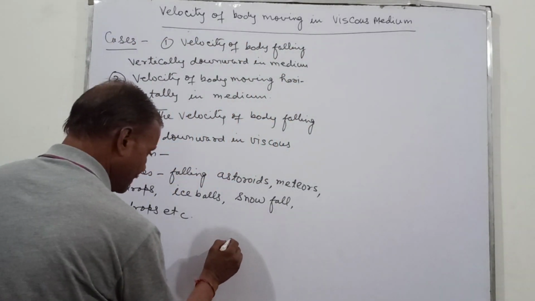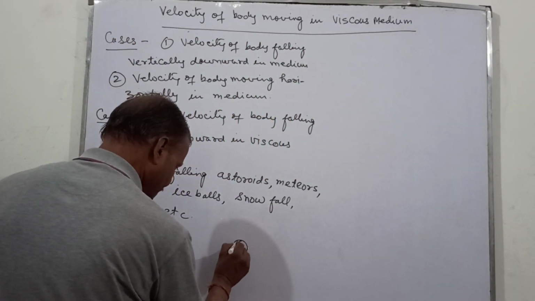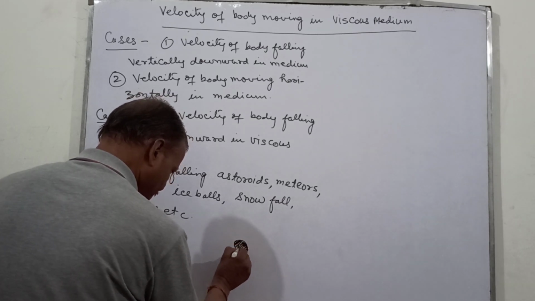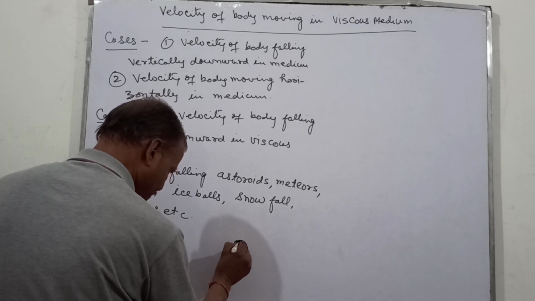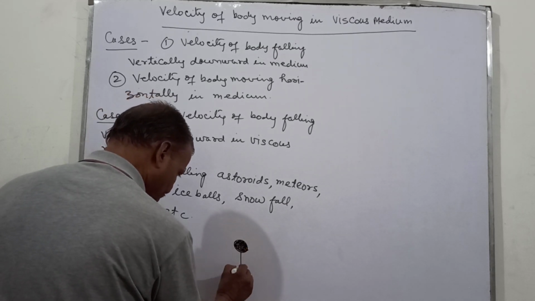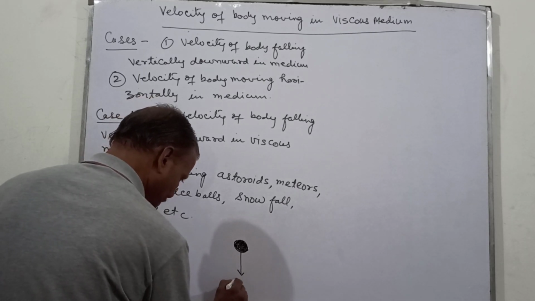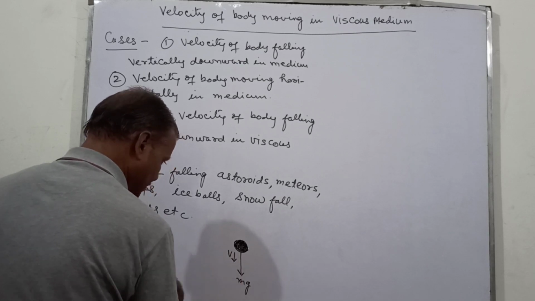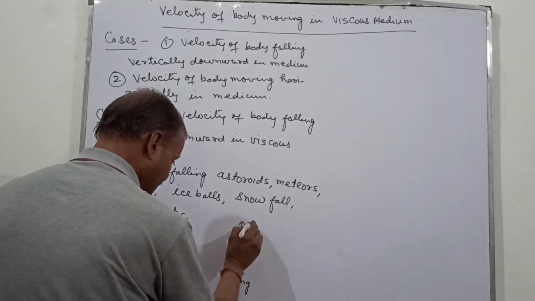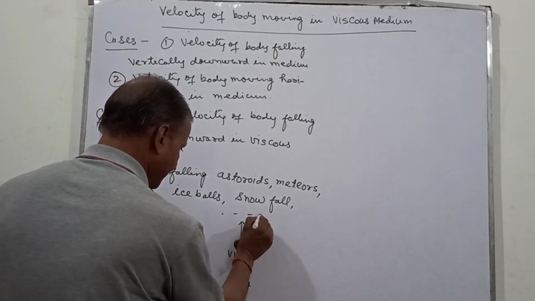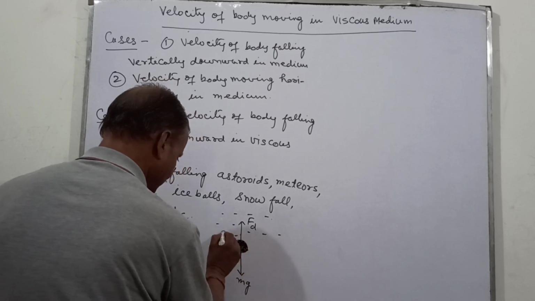So this is the body. This body is falling vertically downward. This is the weight of the object falling like this. Here we have the drag force Fd. This is the medium in which the object is falling.